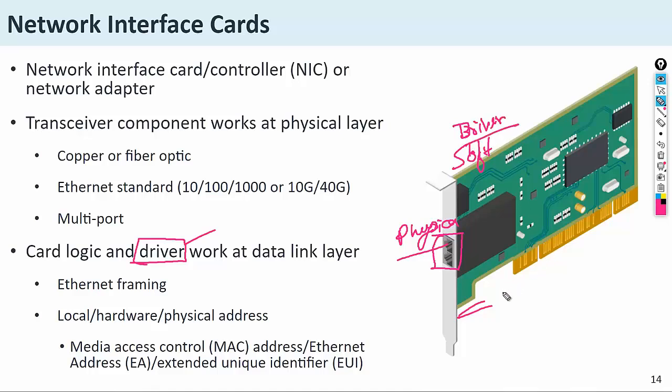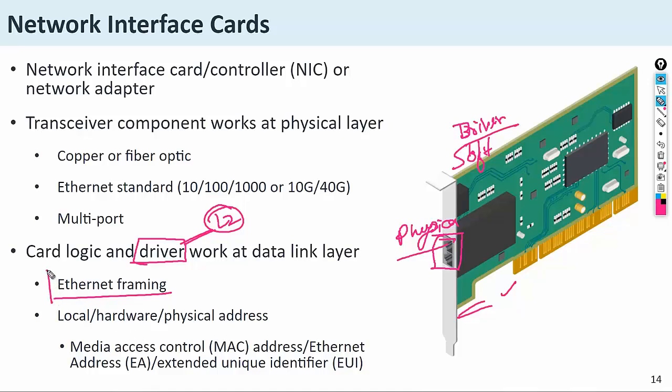The network interface card will not work. So there are two things. One is the driver, which works at layer 2, the data link layer, and the hardware also exists. The hardware is a physical address, working over the physical layer.